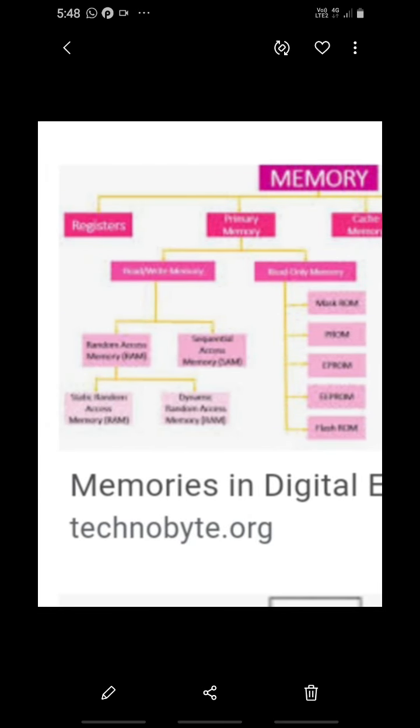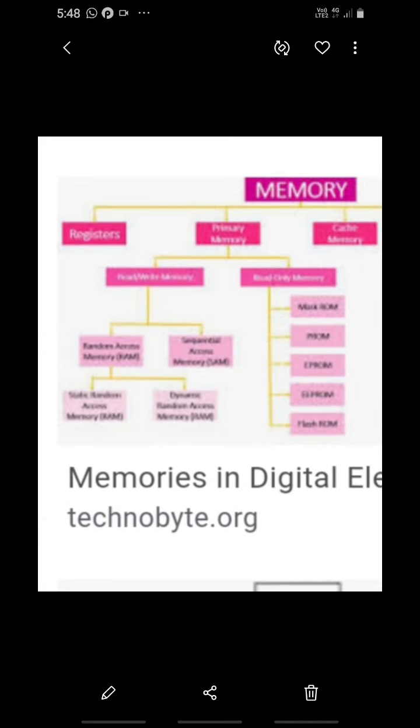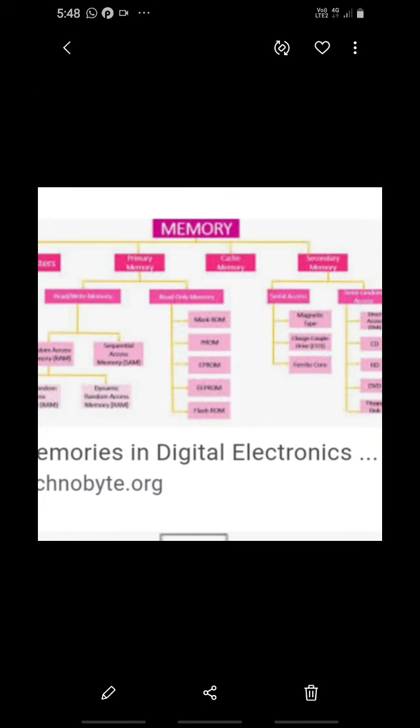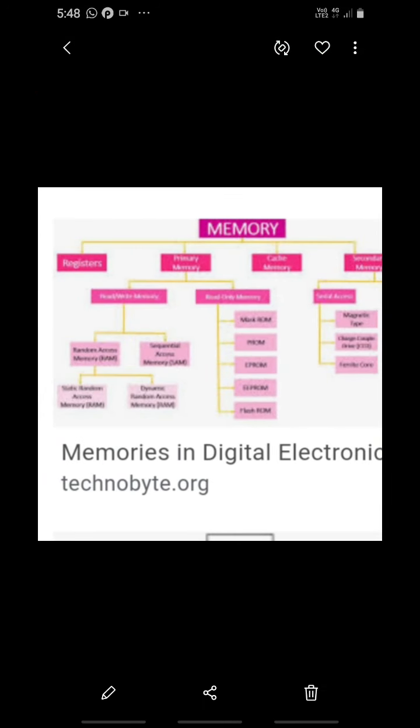And again here primary memories are of different types. The primary or main memory: the memory which is directly accessible to the CPU is called main memory.